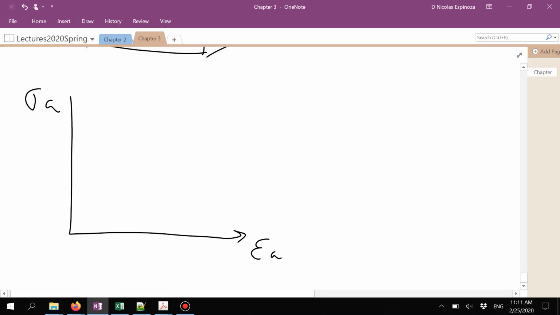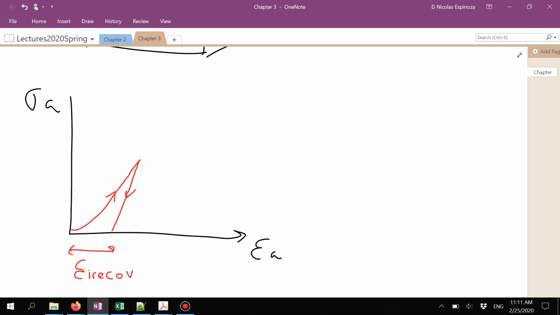When we do loading, we have irrecoverable deformations. If we were to unload this all the way to zero stress, then all of that will be irrecoverable deformation.